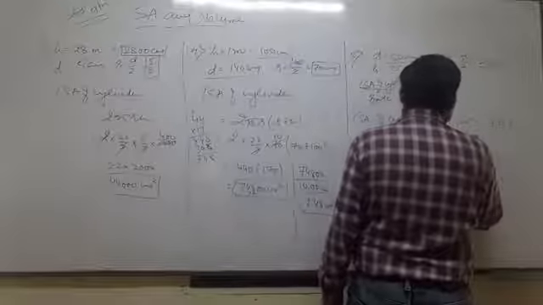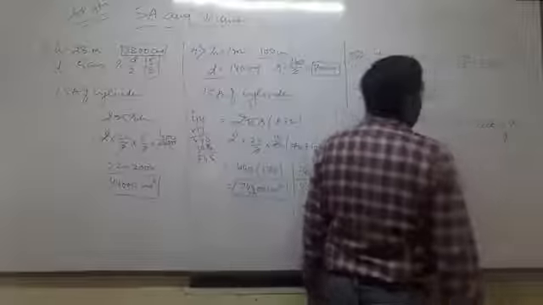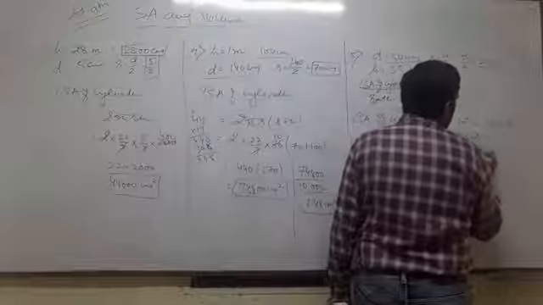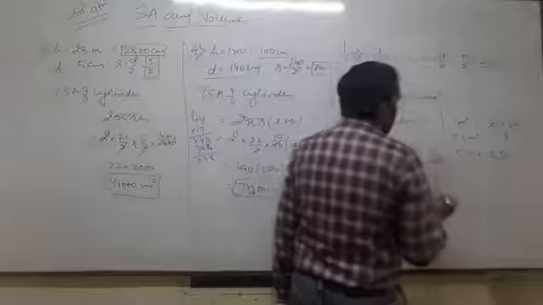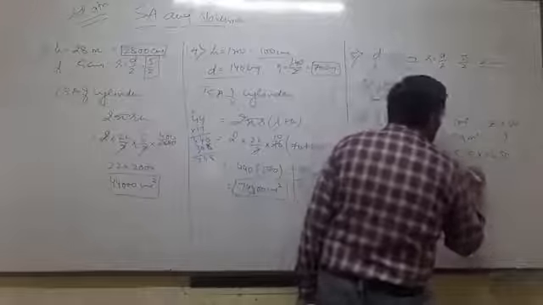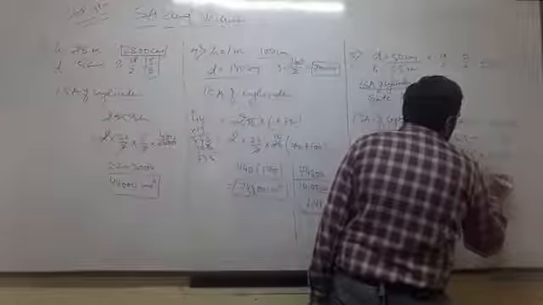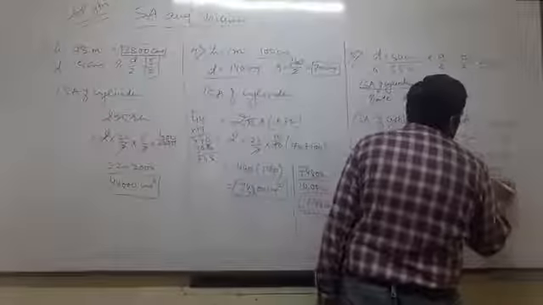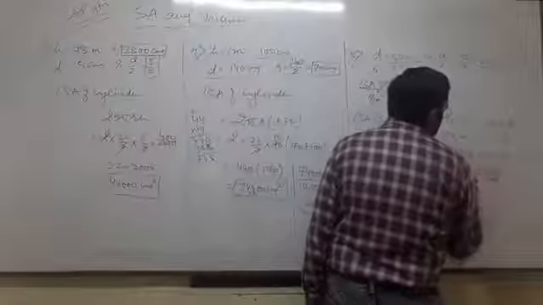Now for 5.5 meter square, how much rupees? So 5.5 into 12.50, I'll take the point out. Therefore 55 by 10 into 1250 by 100, zeros cancel out.